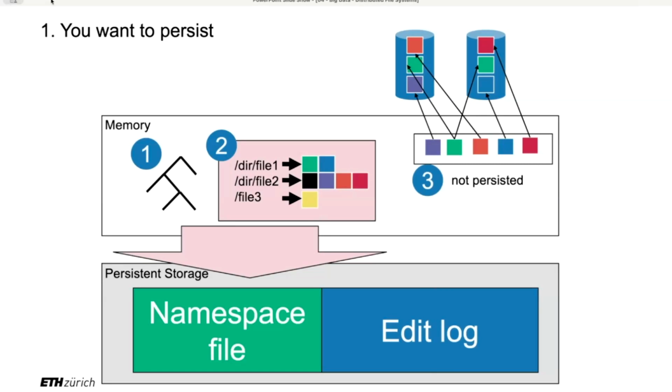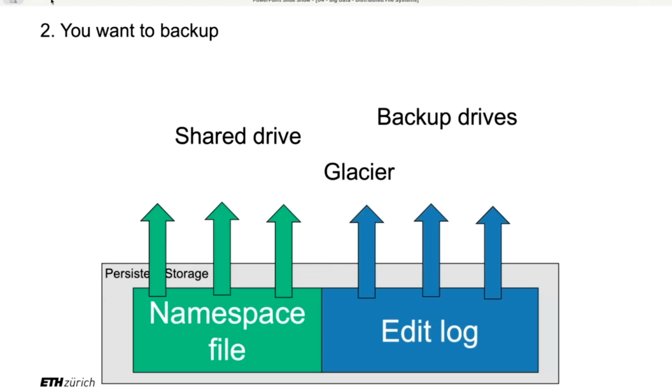So then you can also do extra backups to be extra safe to S3, the Glacier version where it's super cheap. So you should copy that everywhere, because if you lose that information, you cannot rebuild the files. You have the blocks, but you don't know how to assemble them. And so tomorrow I'll tell you how we use that to reconstruct and how we can make it super fast.